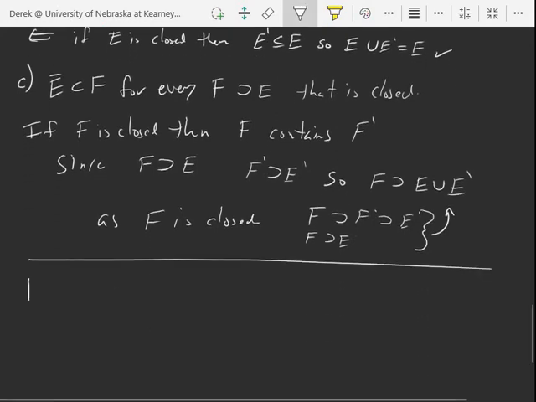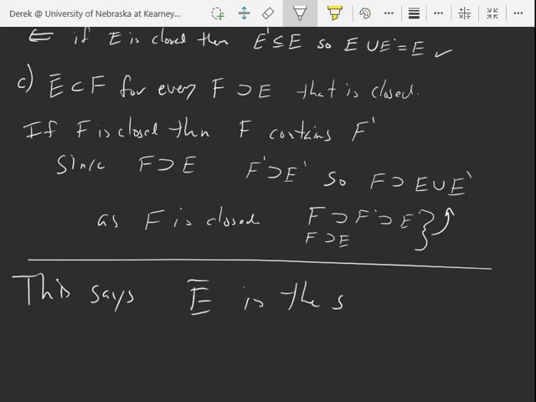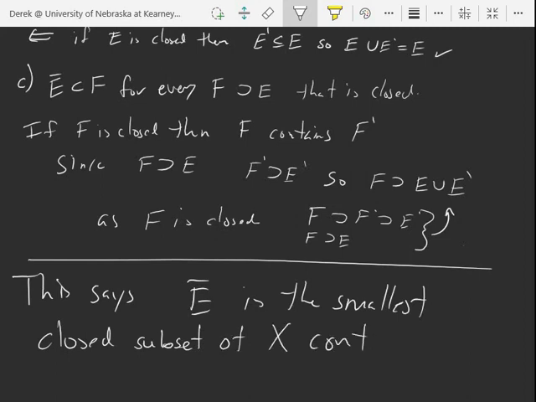So this says E closure is the smallest closed subset of X containing E, because any other closed subset has to contain it.